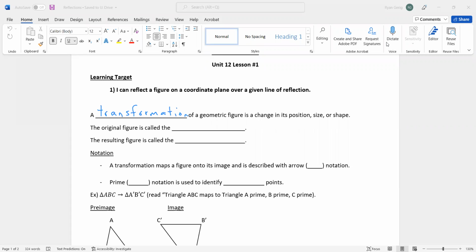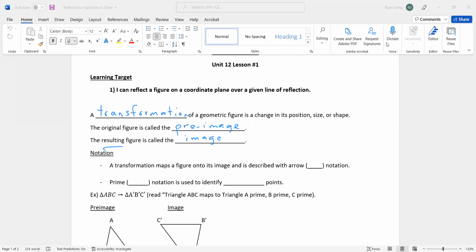The original figure is called the pre-image. And something that a lot of people have a hard time getting used to is the next part. The resulting figure after the transformation is called the image. All right, you got to know that definition there.